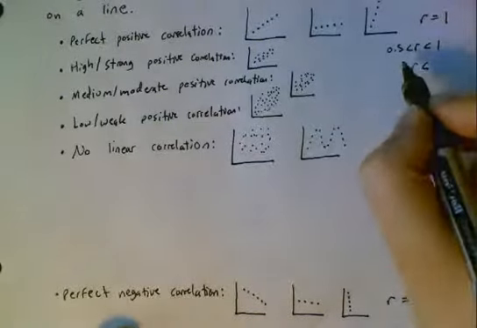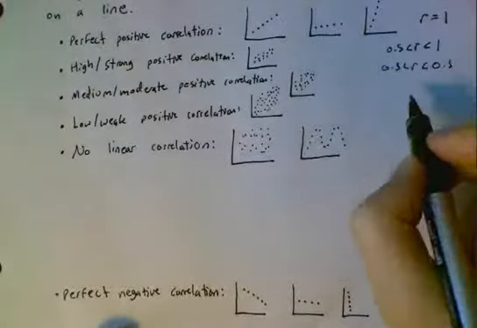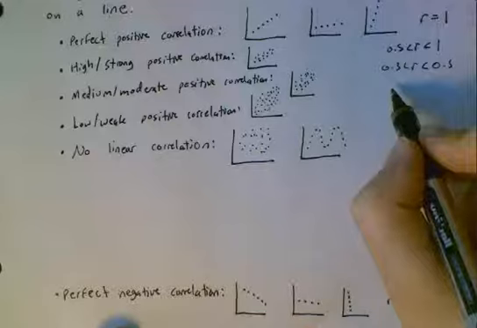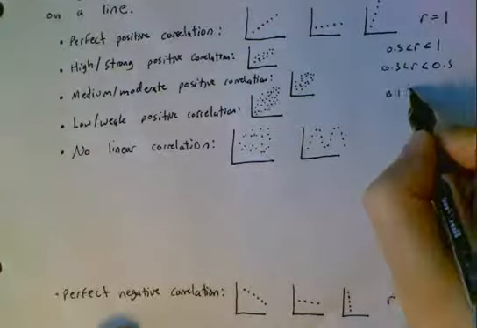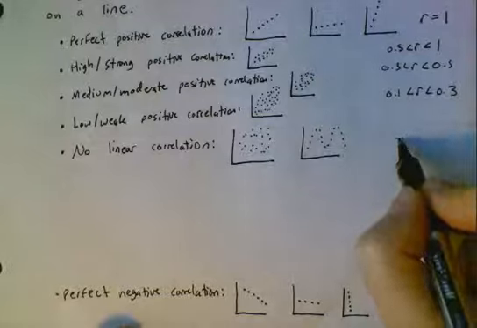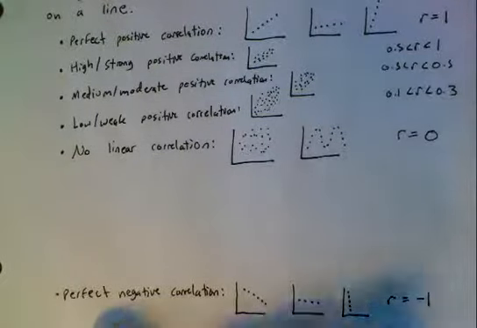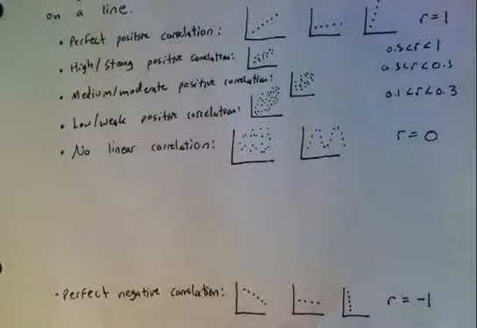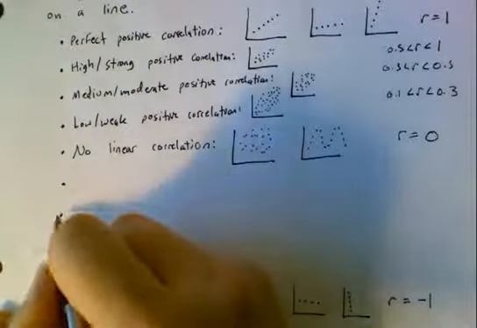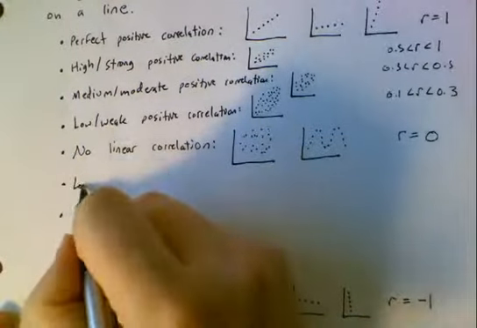For medium, R is maybe somewhere between 0.3 and 0.5. And low or weak, probably between about 0.1 and 0.3. No linear correlation, R is going to equal 0. The same thing applies for the negative correlation. So we could have a low, a medium, or a high negative correlation.